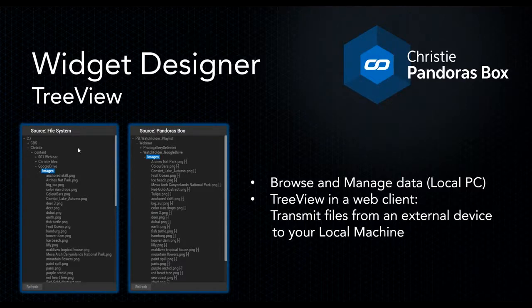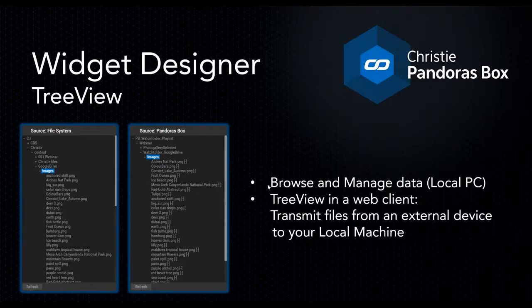So there you can browse and manage data on your local PC. So either you select the file system or you select the source, the Pandoras Box source, and you have the option, that's a really nice feature, to use it in a web client to transmit files from an external device to your local machine. That means, imagine for the next upcoming project, the user wants to upload incoming photos from an external device to Pandoras Box.